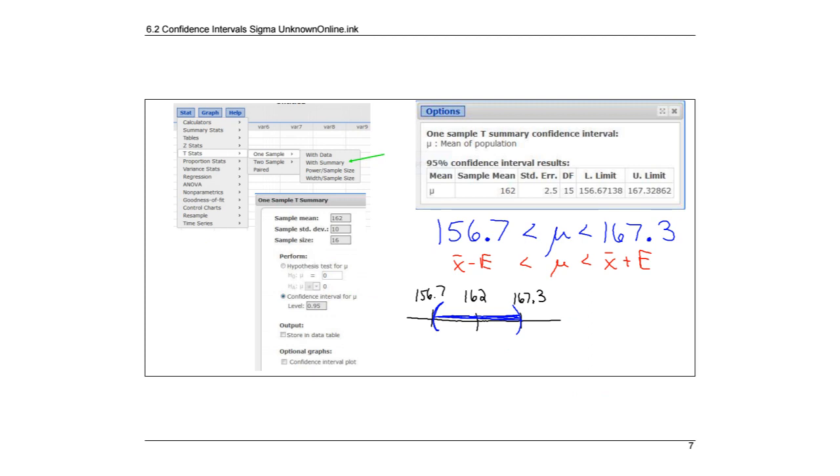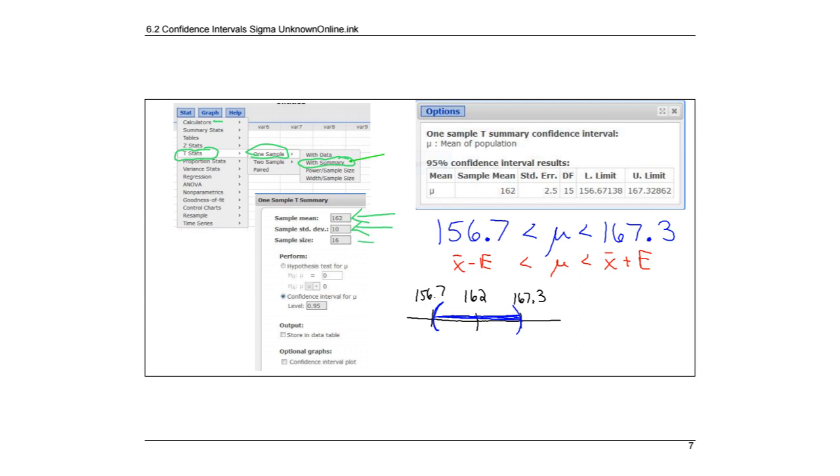All right, we're going to go into StatCrunch. We're going to go down here to t-stat. So we use calculator t if we're looking for the critical values. If we want the confidence interval, we're going to come down here to t-stat, one sample with summary. And then we're going to put in what we know. So we know the sample mean is 162. The sample standard deviation is 10.